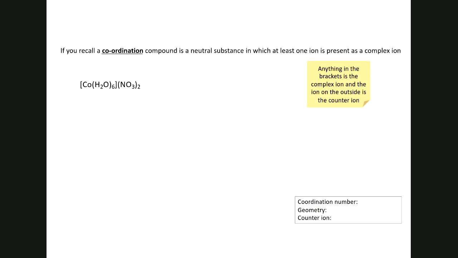All right, so we had broken down that this was a complex ion.